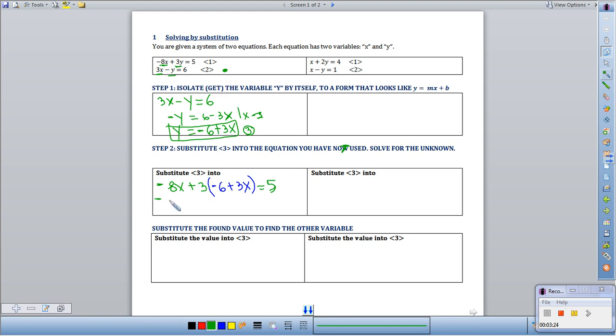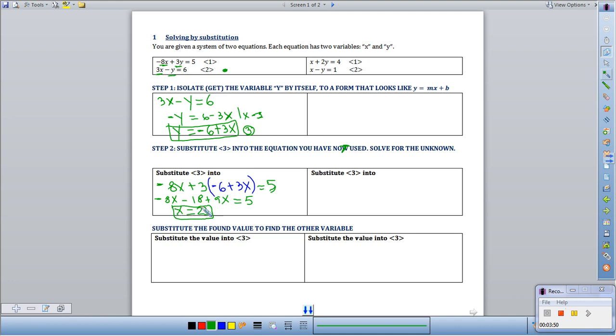So we have -8x minus 18 plus 9x equals 5. -8x plus 9x gives us x, equals... -18, we move it over and it becomes positive. 18 plus 5 equals 23. And that is your x value.